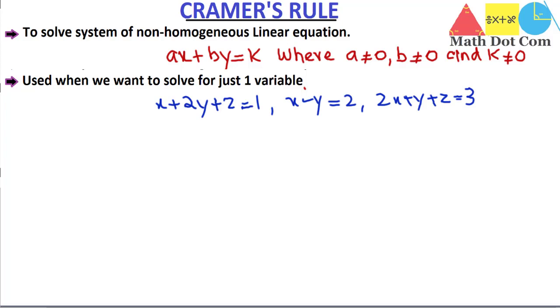In order to find the value of z, or x, or y, we need to solve all the three equations and find x, y and z, all three. It means we need to solve these three equations for all the variables, and it will take too much time.